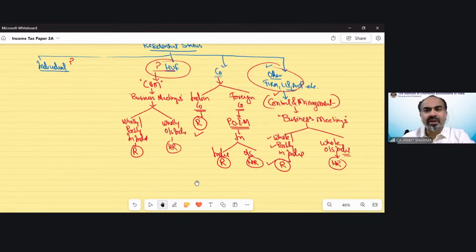We should include it in the other category also. The reason for not merging or consolidating this HUF part into the other category is that there is a subclassification provision yet to discuss.